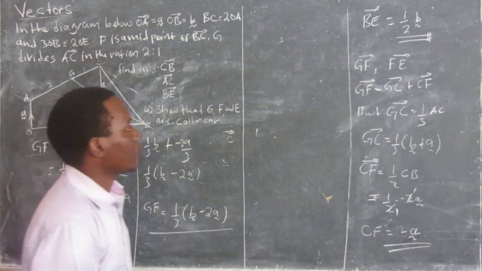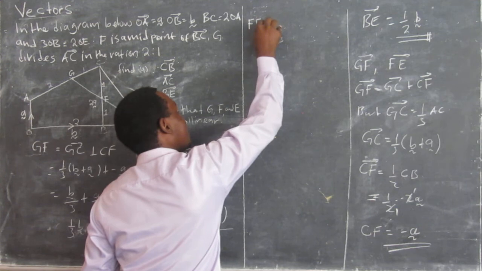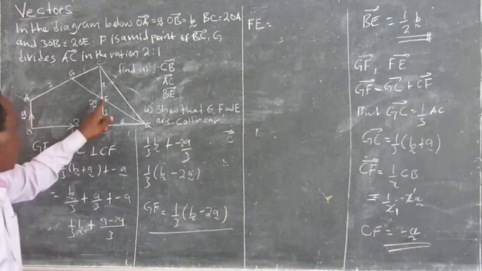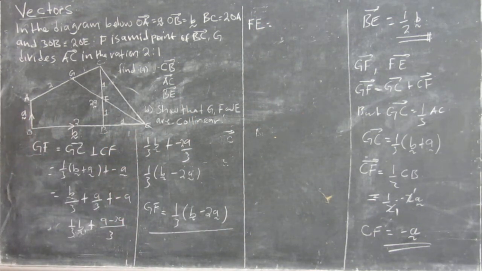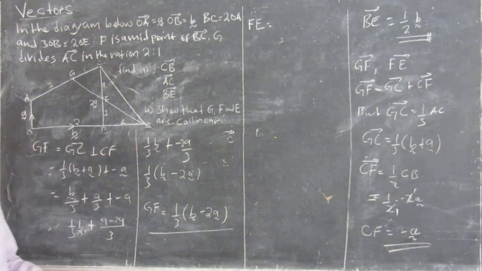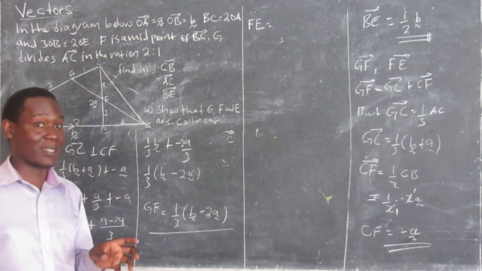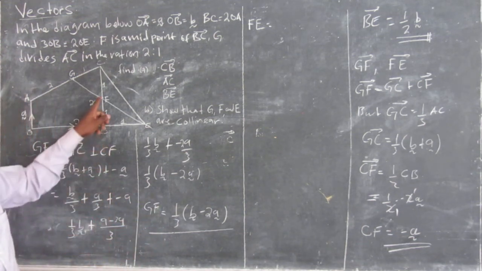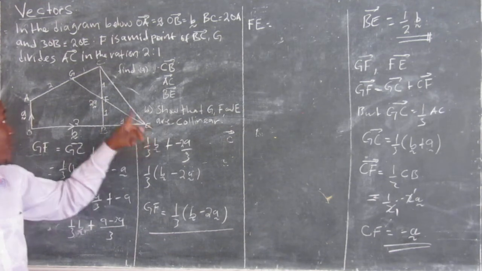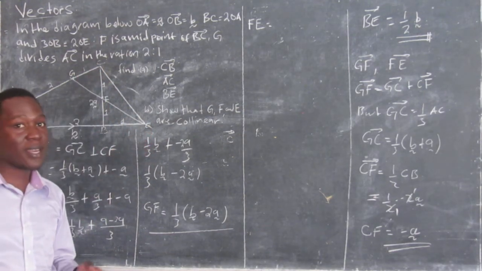Okay, when you come to get our FE, F to E. To get FE, we can move from FB to BE. Here you choose a direction whereby you can solve it so easily, because you have two options. One may decide to come up and then come down, but when you use this route, remember you have CE, which you have not calculated, and it may be hard for you to do it.